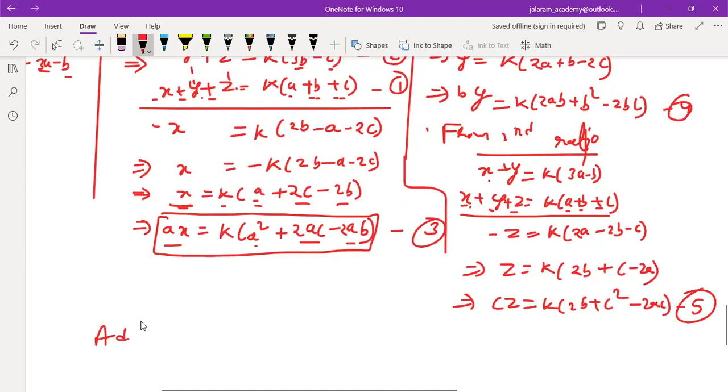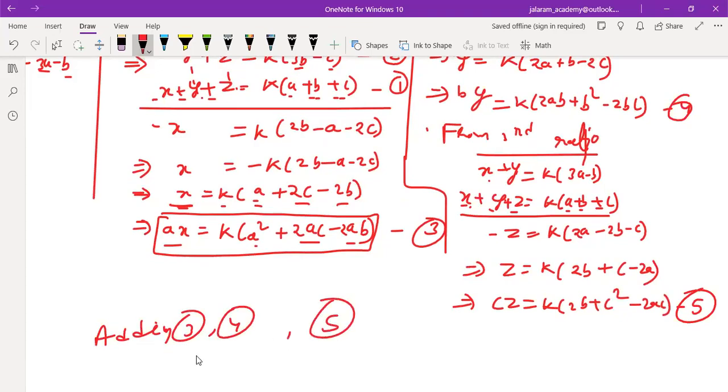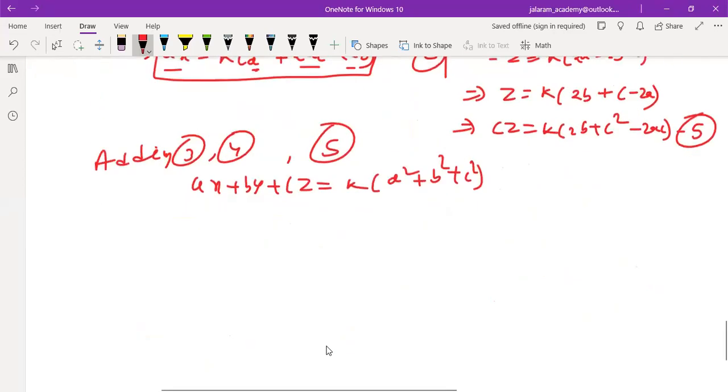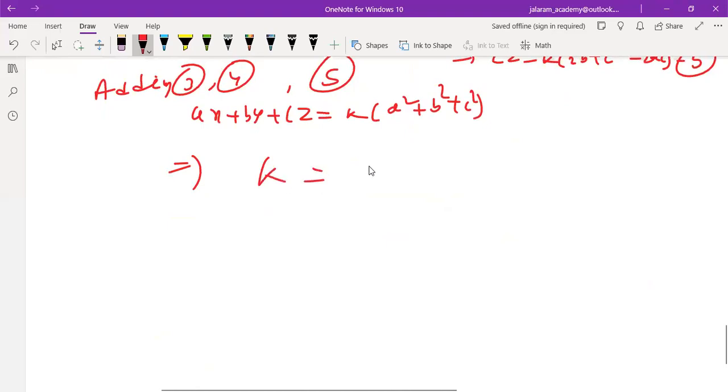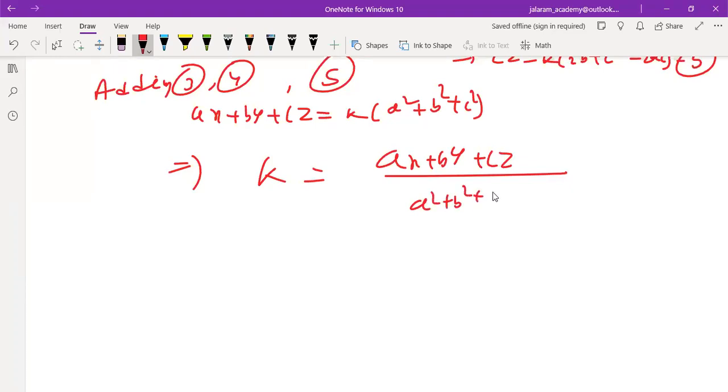And then adding 3, 4, 5, we get ax plus by plus cz equals k common into a square plus b square plus c square. Rest will be cancelled out, you can check. So k equals ax plus by plus cz over a square plus b square plus c square.